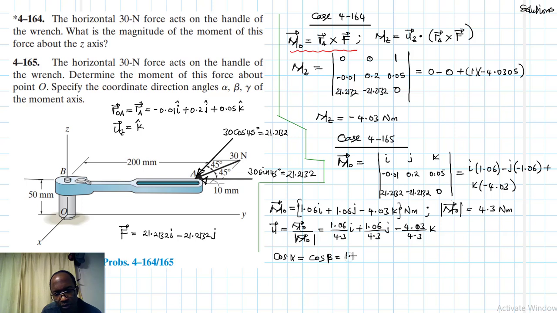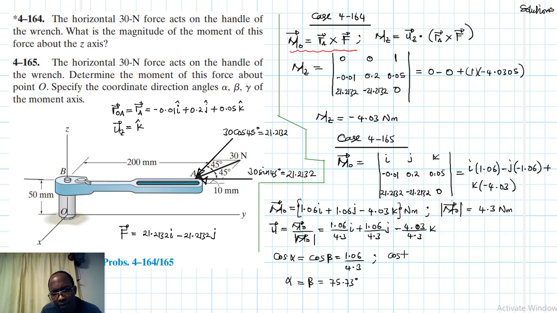It's equal to 1.06 divided by 4.3, and therefore alpha is equal to beta, which is equal to cos inverse of 1.06 divided by 4.3. It gives us 75.73 degrees.